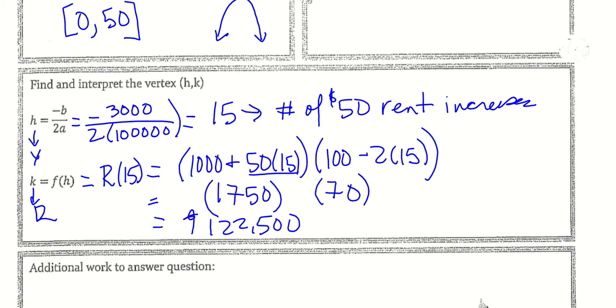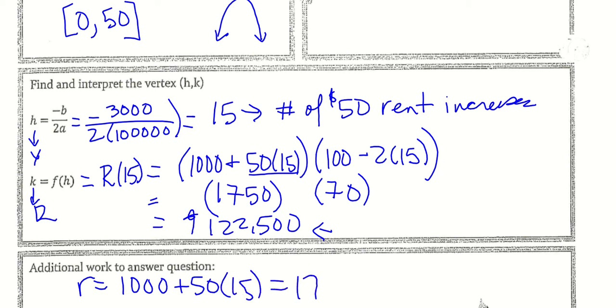I needed to find the amount to charge for rent, so I didn't really need this. But my amount to charge for rent is this R, which is my 1,000 plus 50 times 15, which is 1,750.